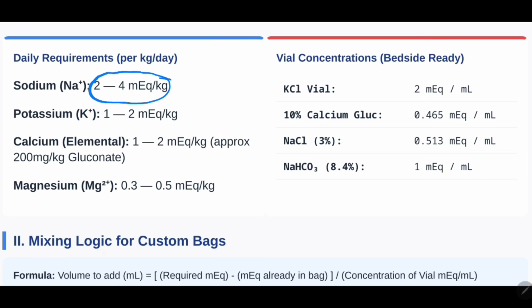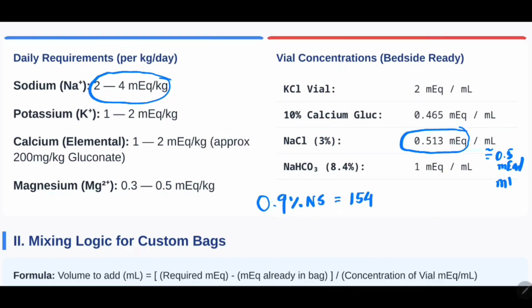In 3% NaCl, each ml consists of 0.513 milliequivalent, more or less 0.5 milliequivalent per ml. And for 0.9% normal saline, we have 154 milliequivalent of sodium in each liter, that is 0.15 milliequivalent of sodium per ml.